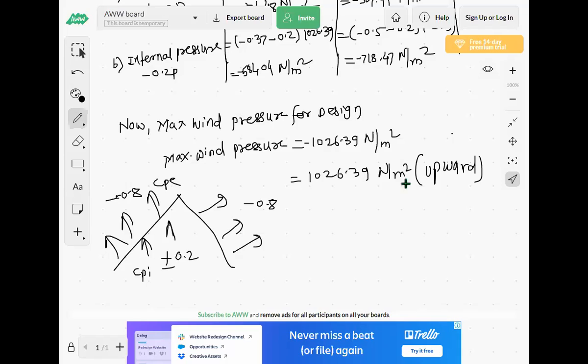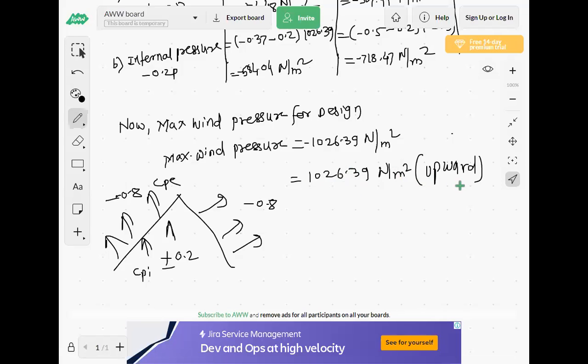Addition of these two, our pressure will be the uplift pressure, upward or downward, or uplift, we can say. Are you getting? So this is the maximum wind pressure.